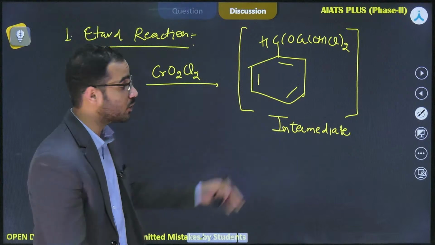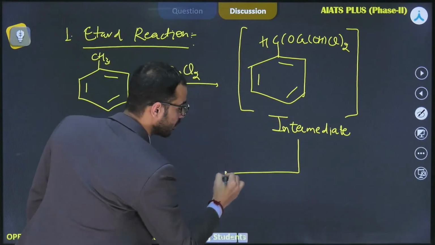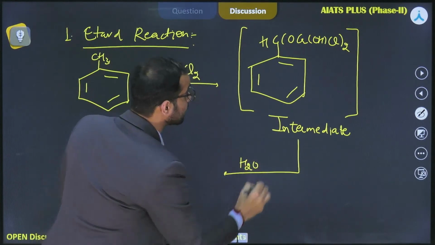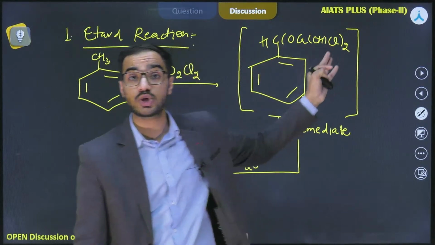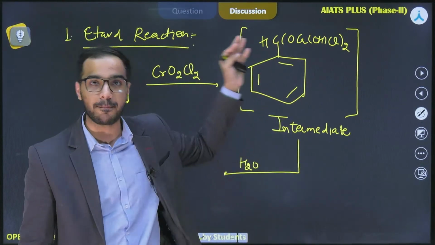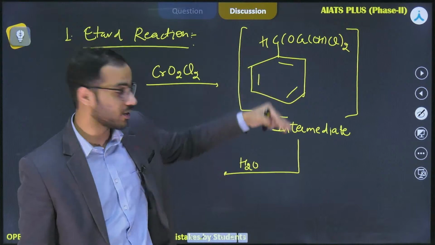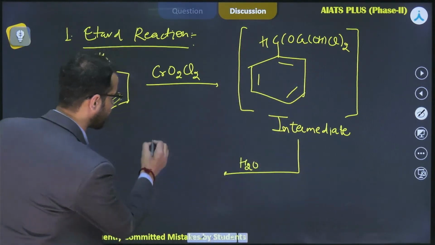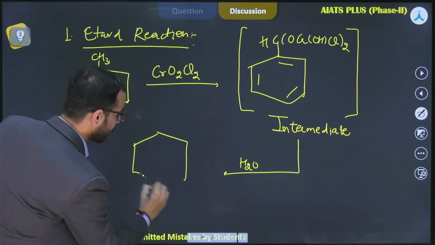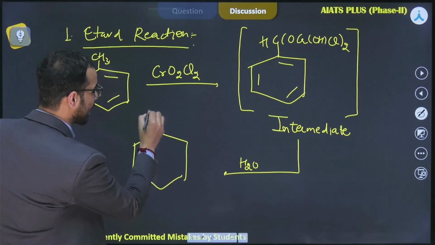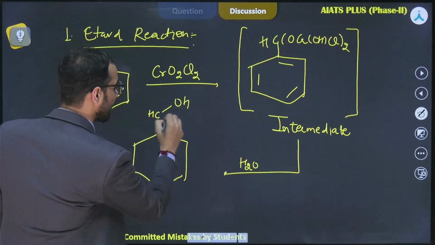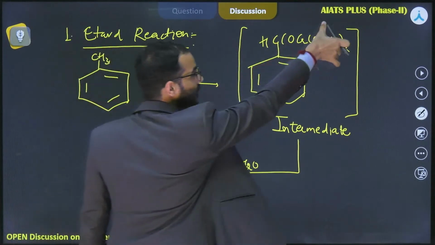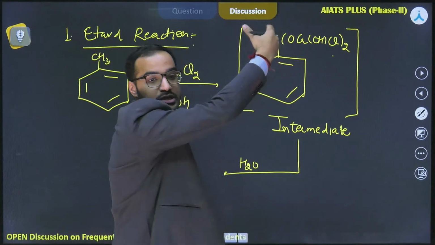And on reaction with water, are these bonds polar in nature? Yes, obviously they are polar. So the water will hydrolyze this polar bond, and you will get CH(OH)(OH), because these two bonds will be broken on the side of oxygen.